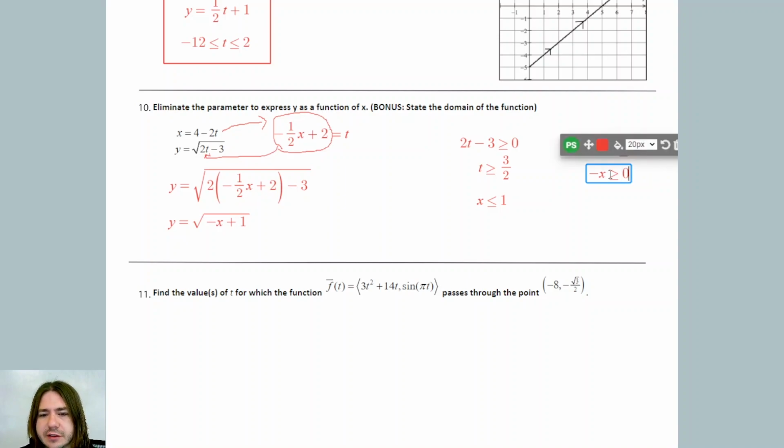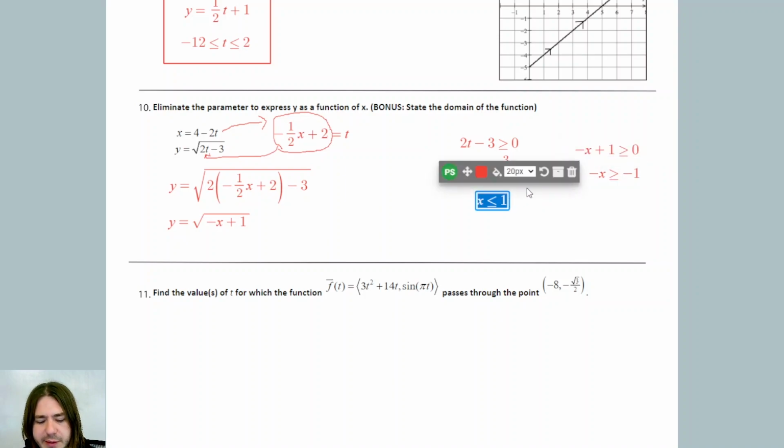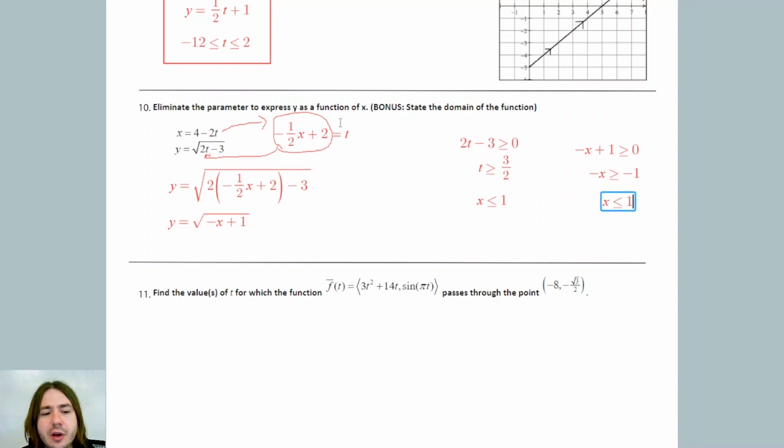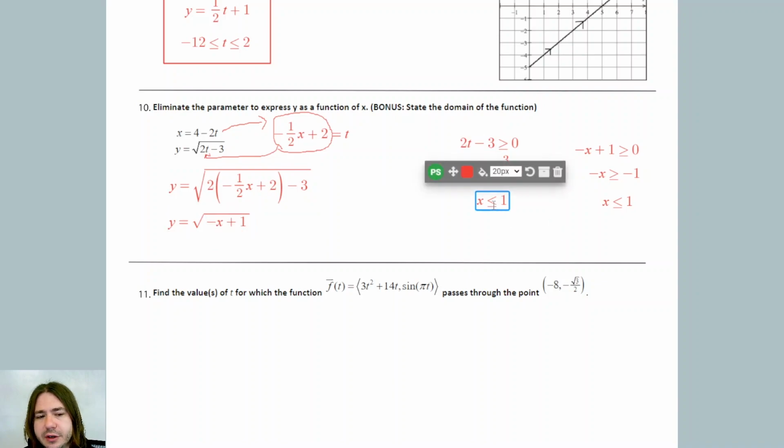So we get negative x is greater than or equal to negative 1. And then when we divide both sides by negative 1, we end up with this same statement. So you can arrive at this domain either way. You just have to know what the domain of a square root function is to really start it. So that's why this is kind of a bonus. Just hey, in case you happen to know that, you might get a little extra credit there.